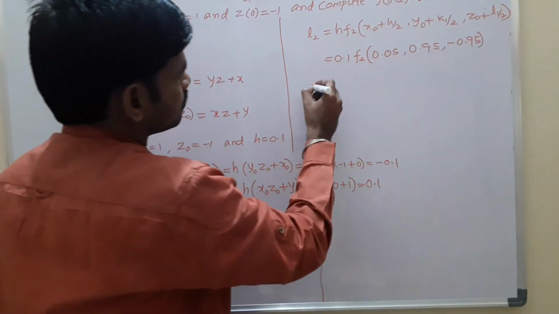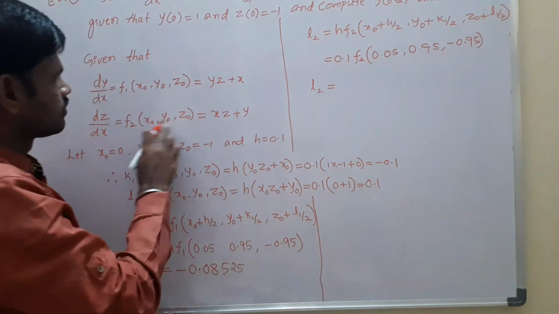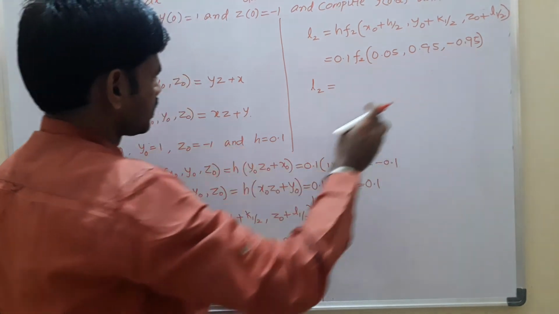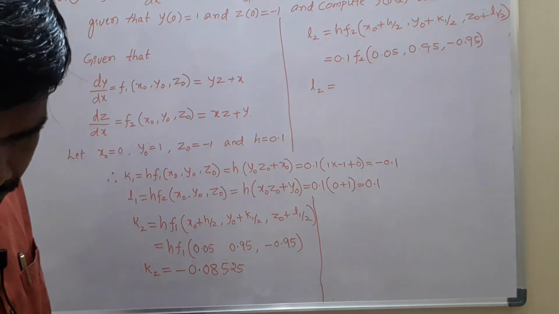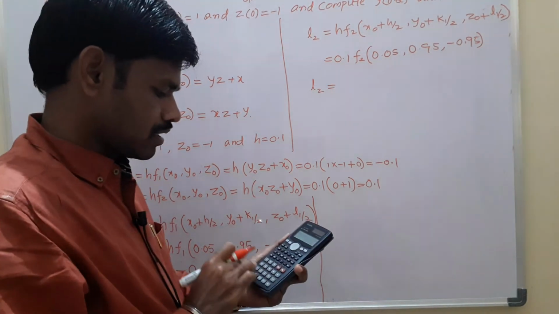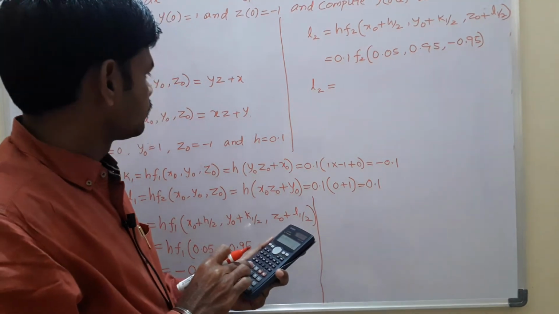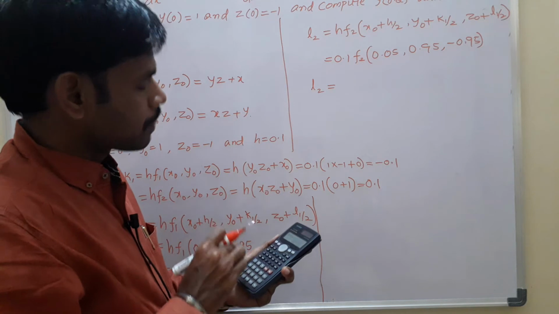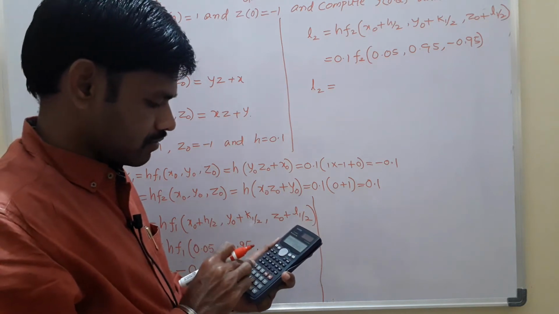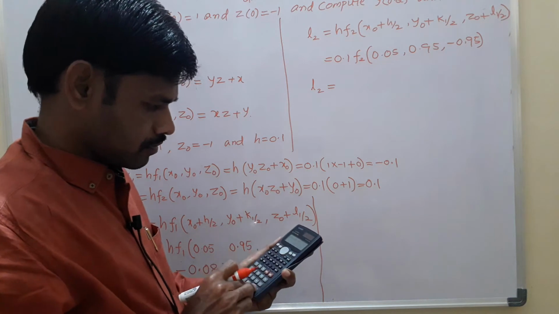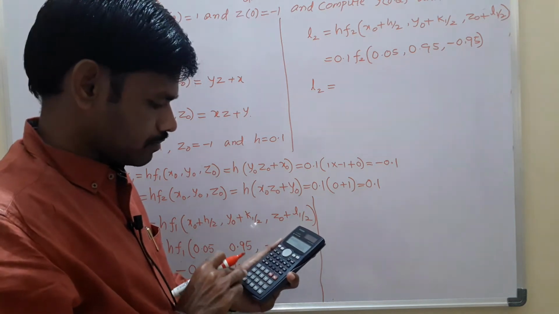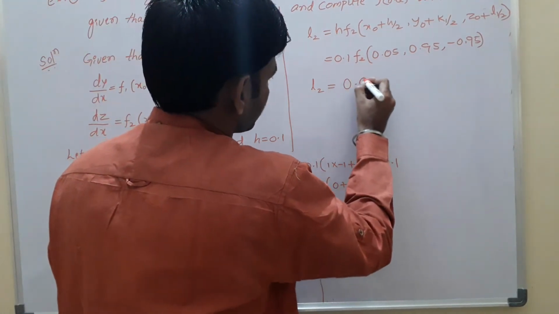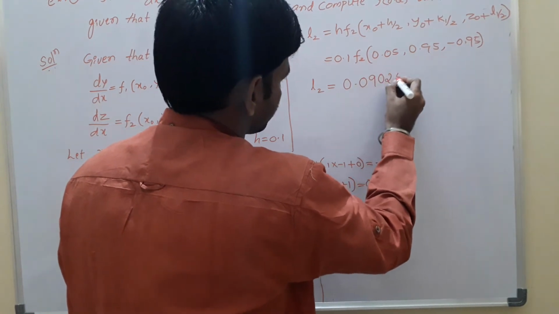So simplifying that one, according to second function xz plus y: 0.05 into minus 0.95 plus 0.95, into 0.1. So that is plus 0.09025.